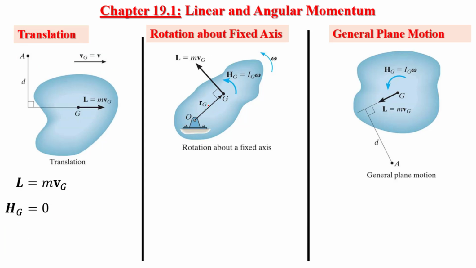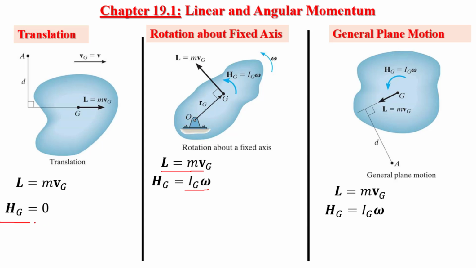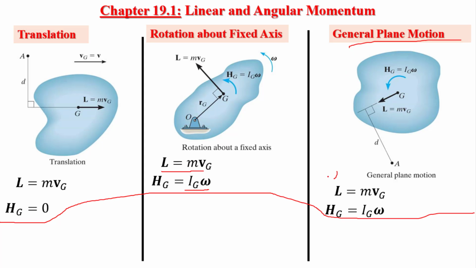But if the fixed point on the rigid body is any point except the centroid, then L will be equal to mvg, and Hg will equal Ig multiplied by omega. Remember that we see the equation first with respect to the centroid. If we have general plane motion, then we'll have linear momentum and angular momentum with respect to the centroid.